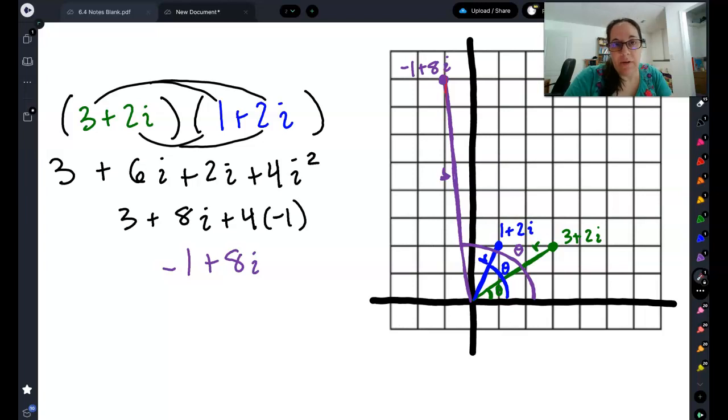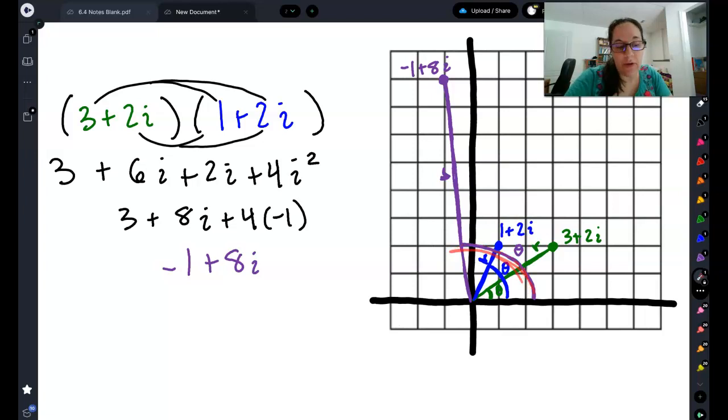It might be a little difficult to see, but you might notice that if I take my blue and my green thetas, these two angles, so I take this blue angle and I take this green angle, and I add those two angles together, I'm going to end up with my purple angle.